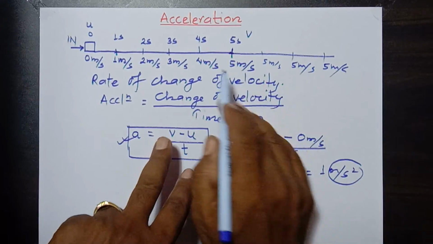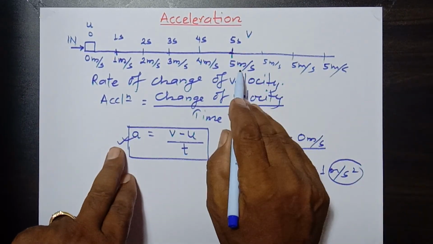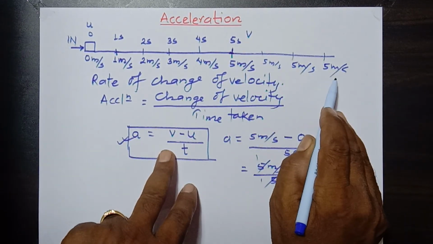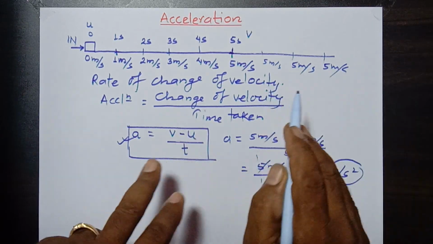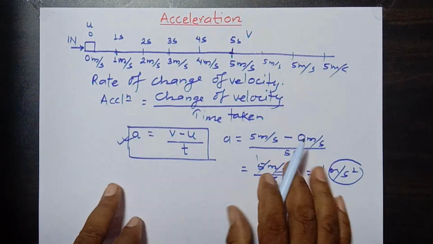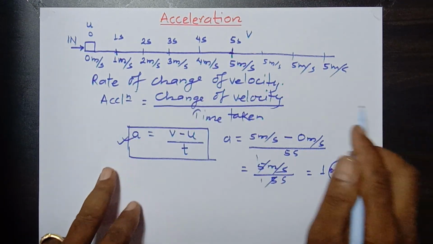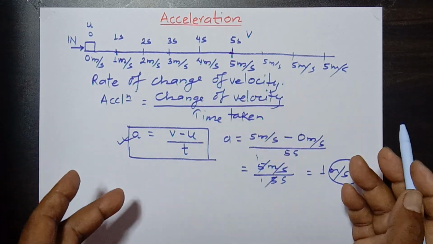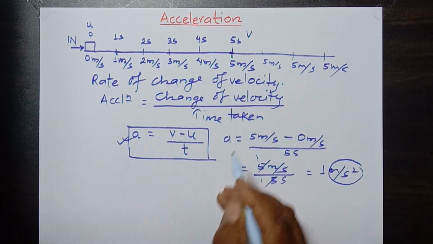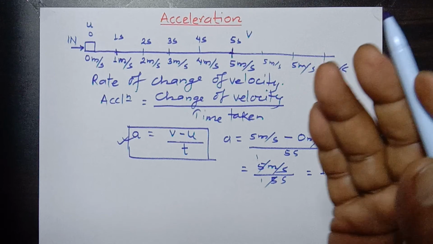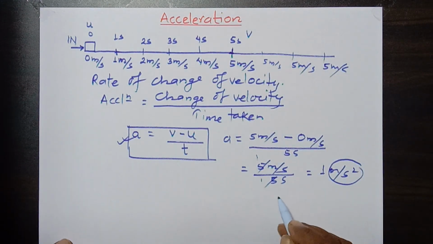At this time, the body is not accelerating because there is no change of velocity. Until and unless there is change of velocity, we will have acceleration. If there is no change of velocity, then no acceleration. Acceleration becomes 0. That's why force produces acceleration. We have to be clear about this also. Okay, this much for today.